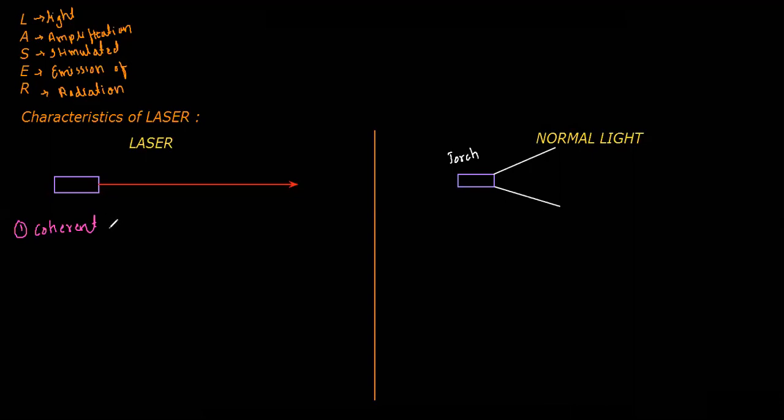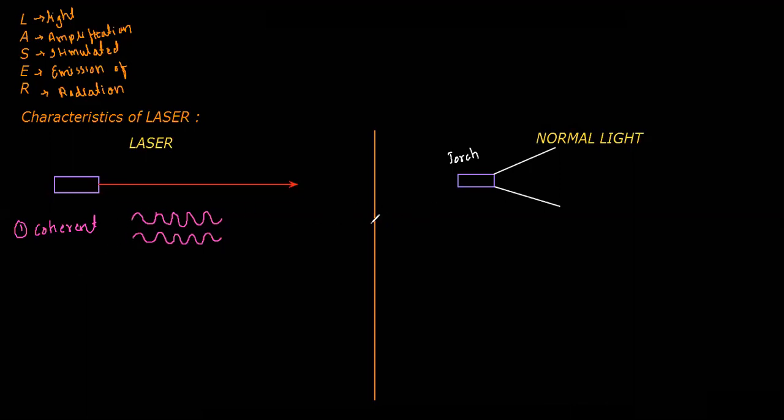The red laser has a wavelength, and whatever wavelength comes out of this laser, all will be in the same phase. This is one wave, and it will be like this. Any other light coming from the laser will be in the same phase, with the same oscillation and the same phase difference. Everything will be the same. Sorry, this is not that sharp, but you can understand.